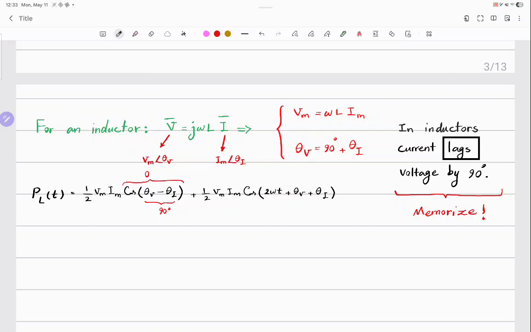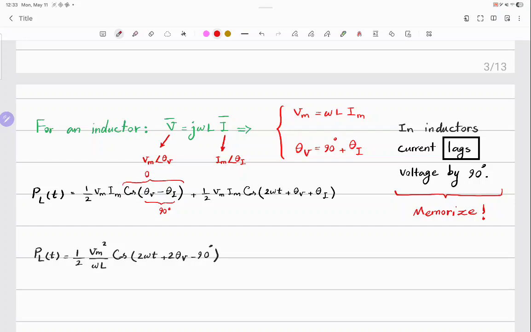I'm going to write again 2 equations, one based on voltage, one based on current. p(t) is equal to 1/2 Vm squared over omega L cosine of 2 omega t plus 2 theta V minus 90 degrees.